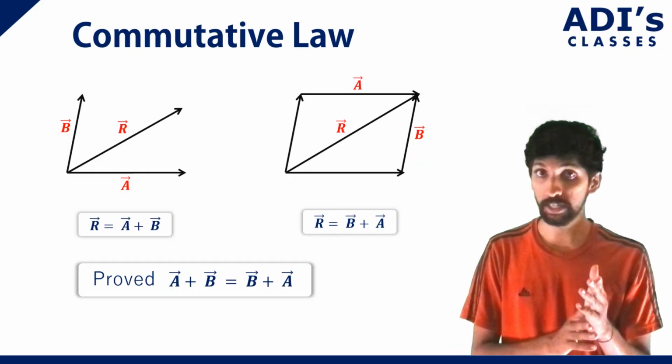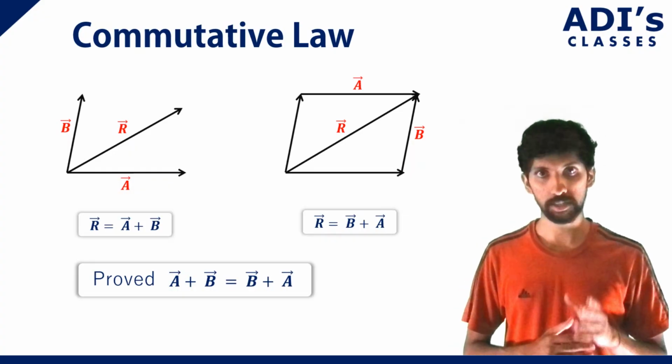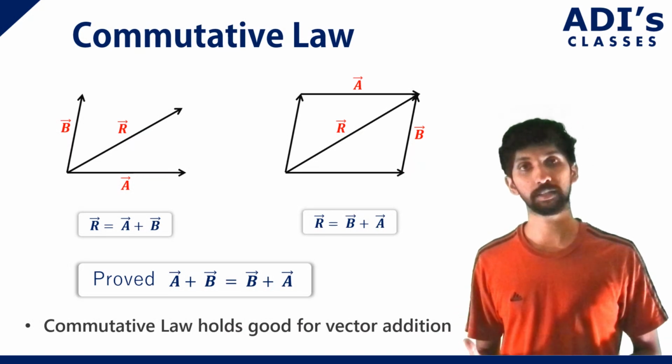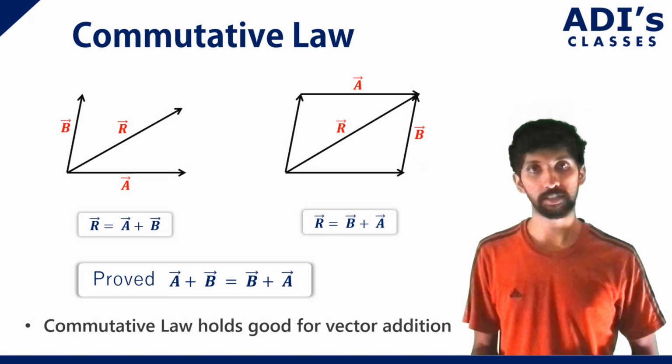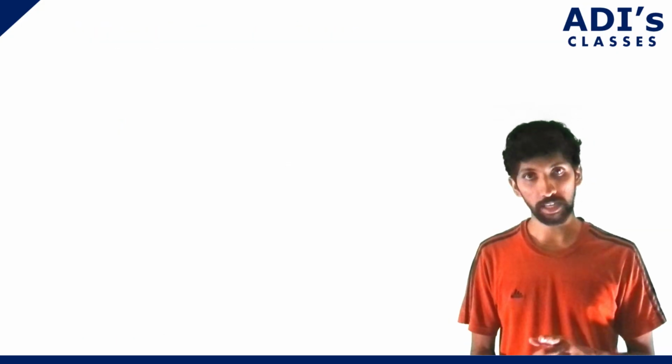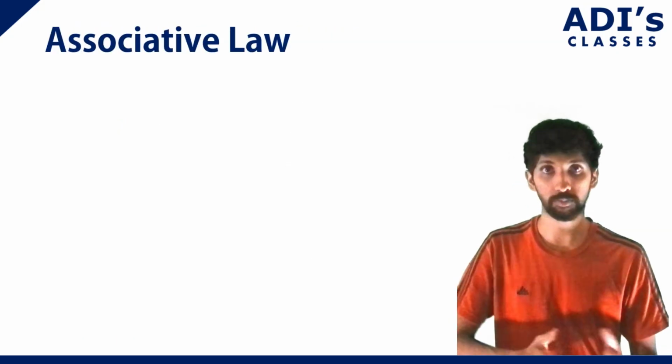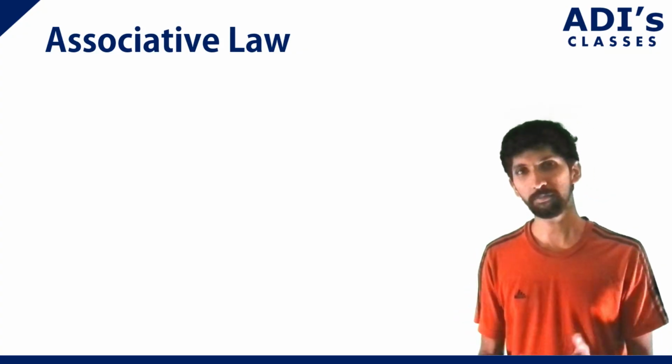Now comes the associative law. What was the associative law? Vector A plus vector B, plus vector C, is equal to vector A plus vector B plus vector C. Correct? This is the associative law. Now, same thing we can use.